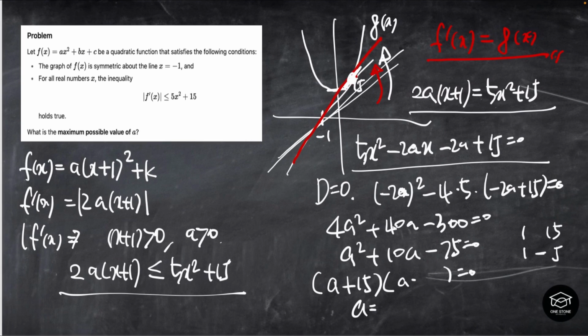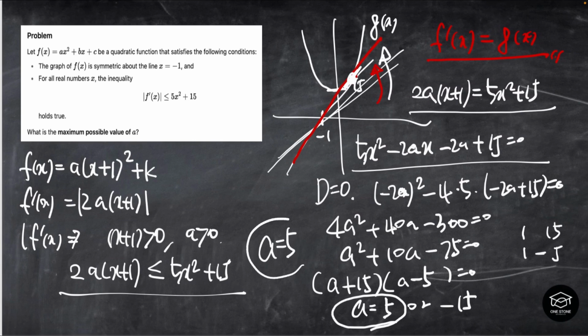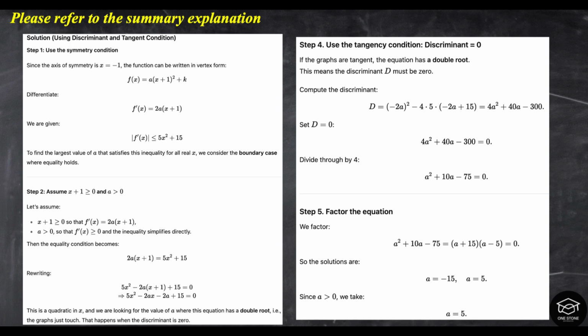So the equation factors as (a + 15)(a - 5) = 0. So the two solutions are a = 5 and a = -15. But since we assumed a is positive, we take a = 5. Therefore, the maximum possible value of a is 5.